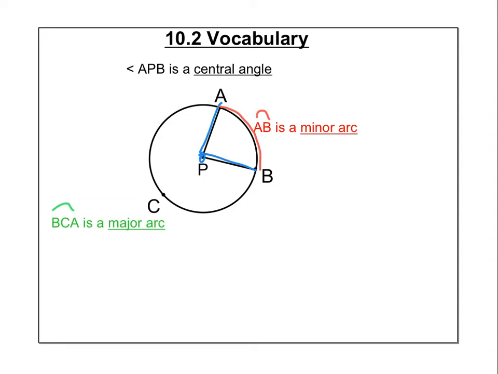If it is less than 180 degrees, if it's less than half the circle, it's called a minor arc. And then you can see on the other side here, if we go from B to C to A, that large arc, it's bigger than half the circle. We call that a major arc. Okay, so we have central angles, minor arcs, and major arcs.